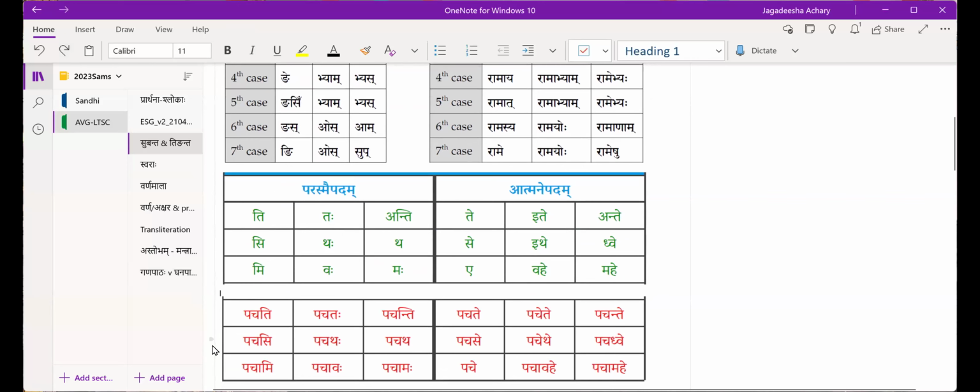Pach plus ti will give you pachati. This is a verb word. This comes from the ting pratyaya. Tip is the very first pratyaya here, and the last pratyaya is mahing.